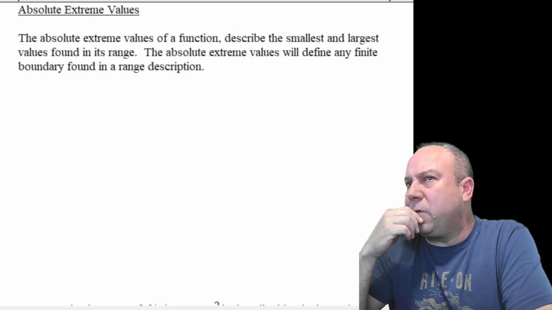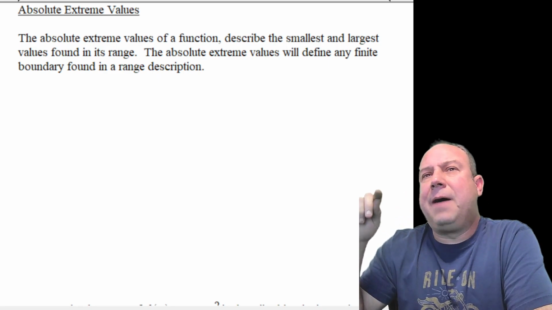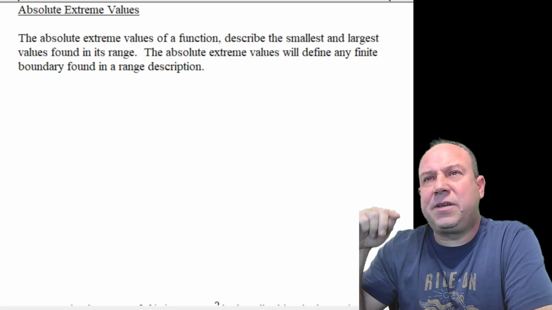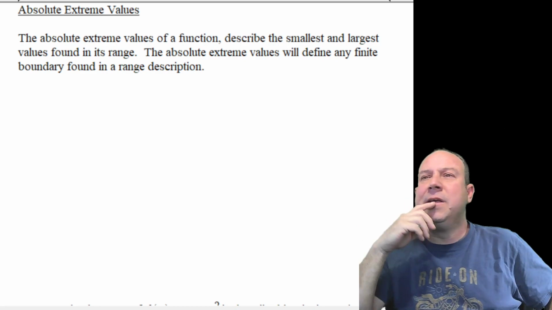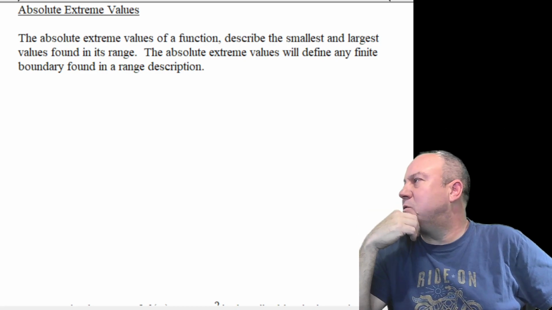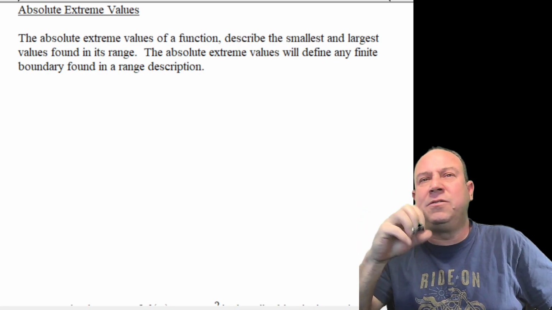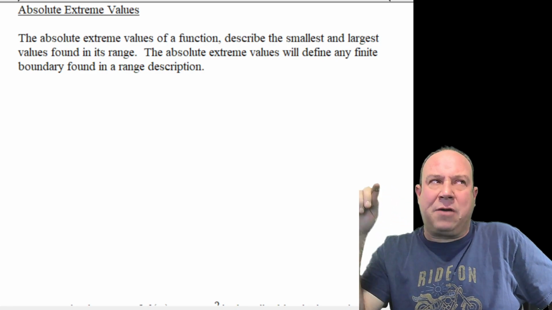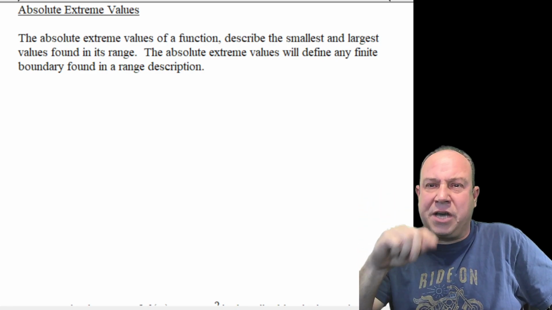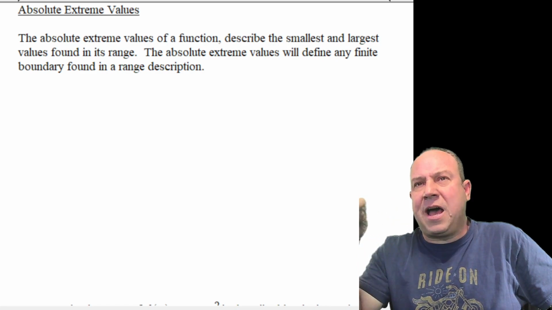To go a little further, though, they don't always exist. There are times where the extremes of our functions continue to head off to plus or minus infinity. When we talk absolute extreme values, we are talking finite values, finite boundary values found in our range. The infinite boundaries that might describe a range at times do not describe absolute extreme values.